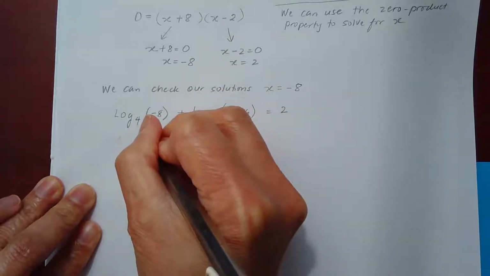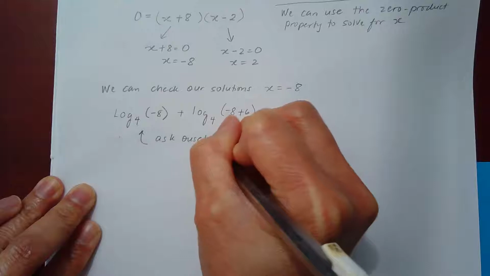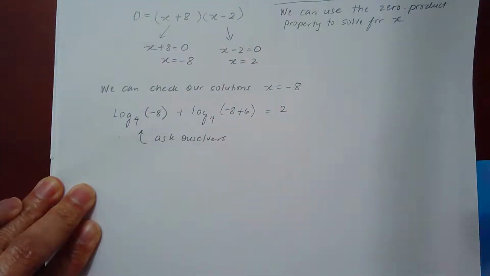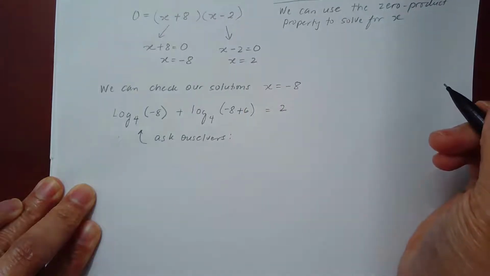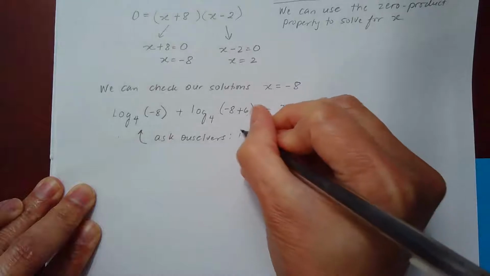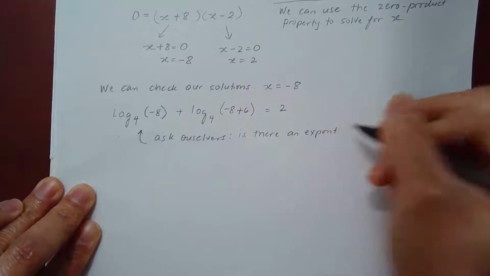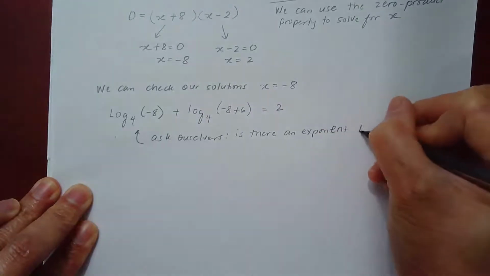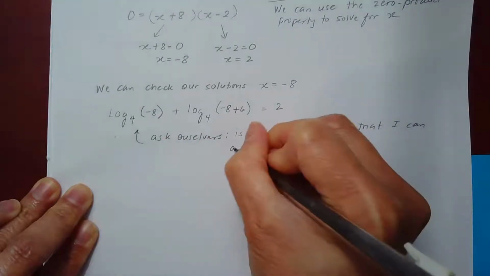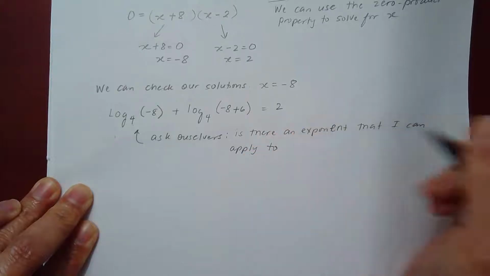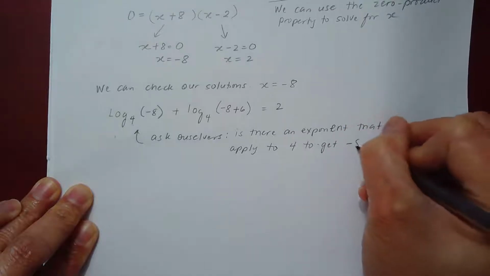In this particular case, we ask ourselves, is there an exponent that I can apply to 4 to get negative 8?